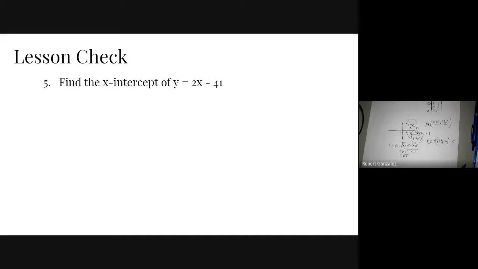Okay. Find the x-intercept of y equals 2x minus 41. This is a line, so it's only going to have one x-intercept.